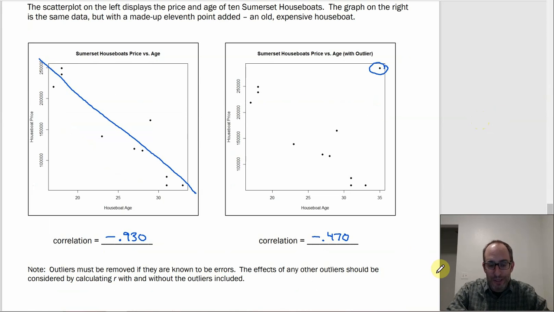As the note at the bottom says, if an outlier is known to be an error, then you would throw it out. But otherwise, you probably want to get both correlations, with the outlier and without it, and then say, well, how much does that outlier really factor in, not in a quantitative sense, but in a context sense.